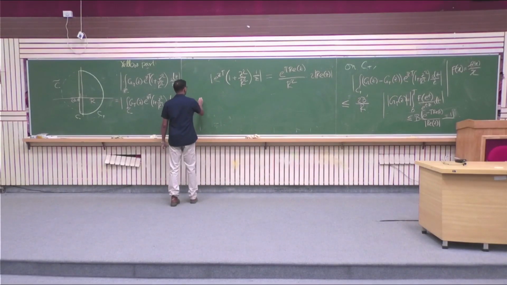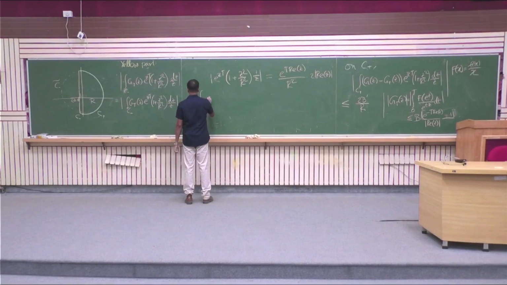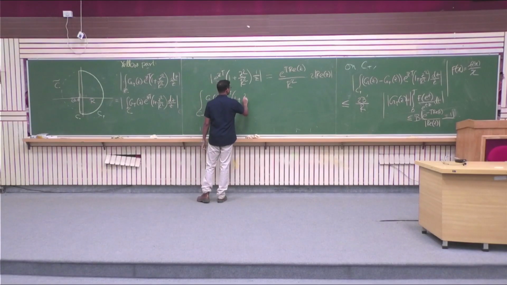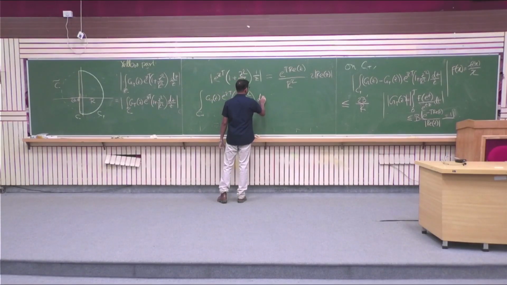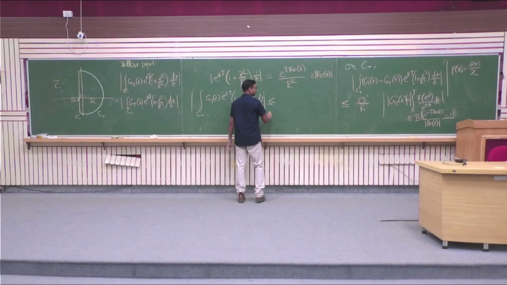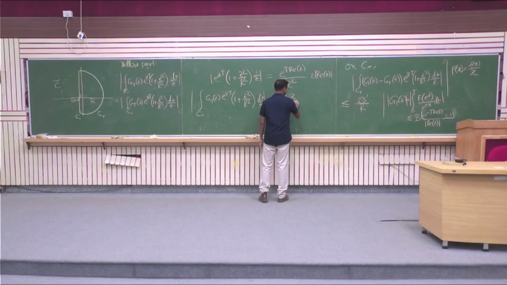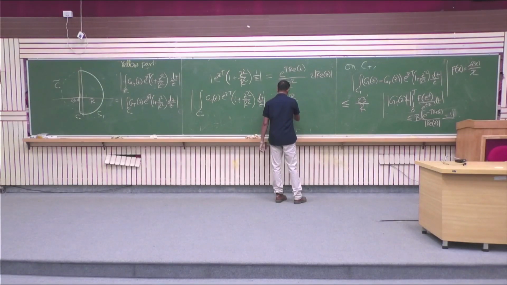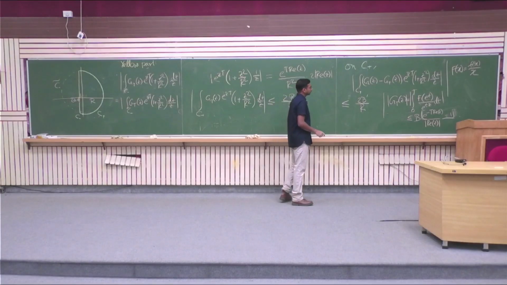So now that means the integral over this part c minus of this g_t(z) times e power zt times 1 plus z squared by r squared, dz by z, remains bounded by, tell me what did you get? 2b by r squared.